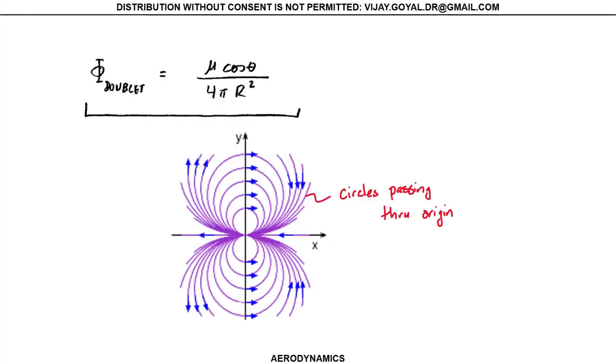So basically, your doublet is equal to this, and it produces your potential. And your potential is going to produce a bunch of circles that actually pass through the center. That's what we are doing. So given that, let's see what the equations are.